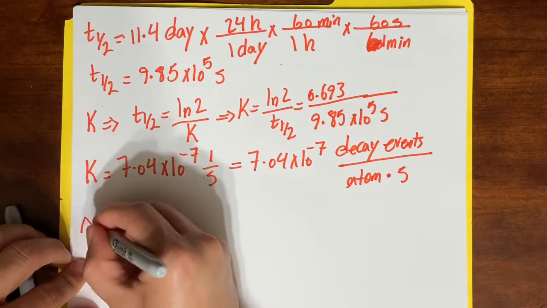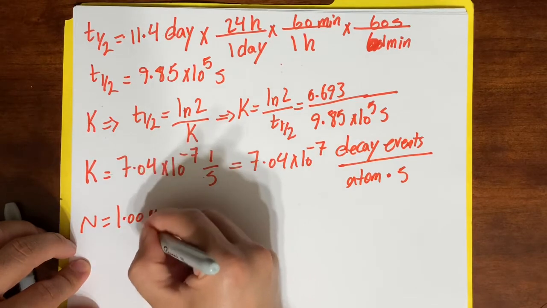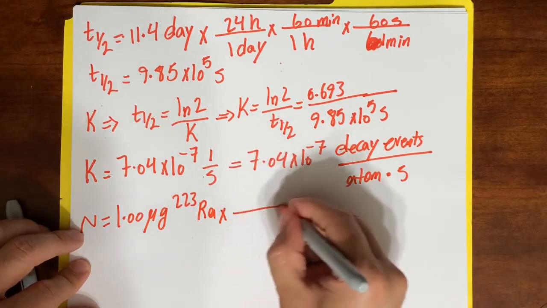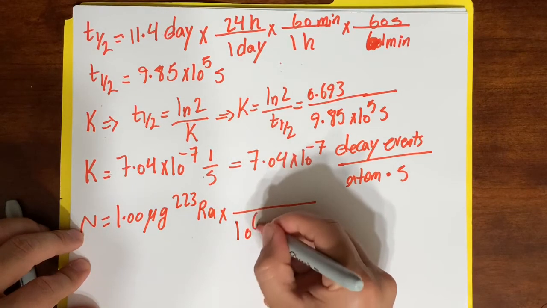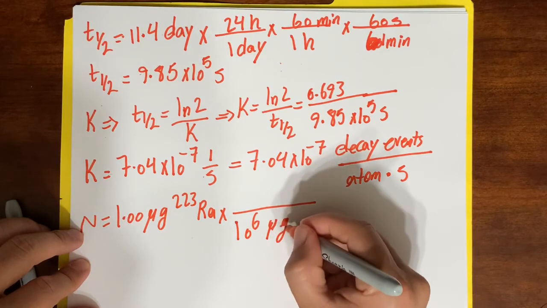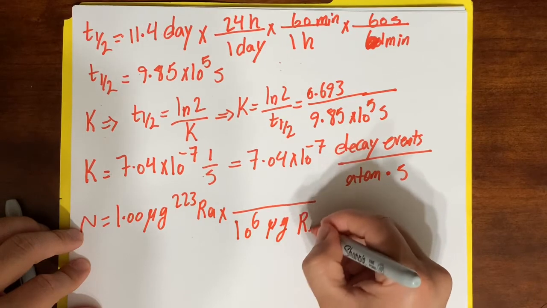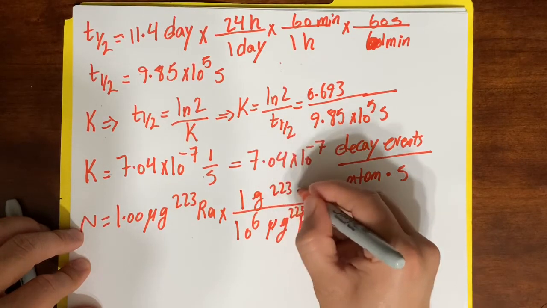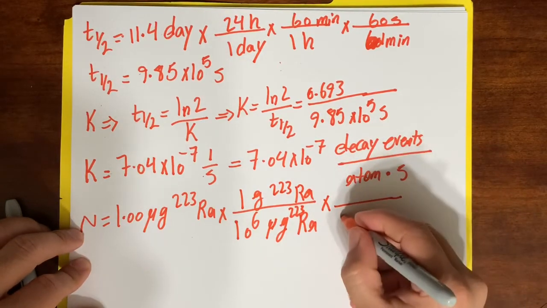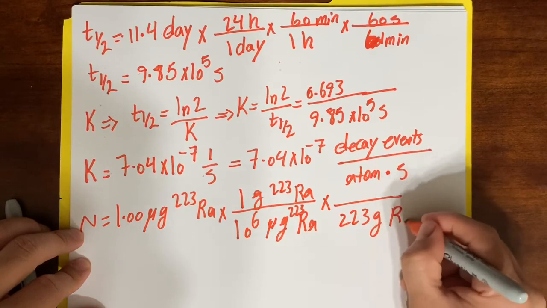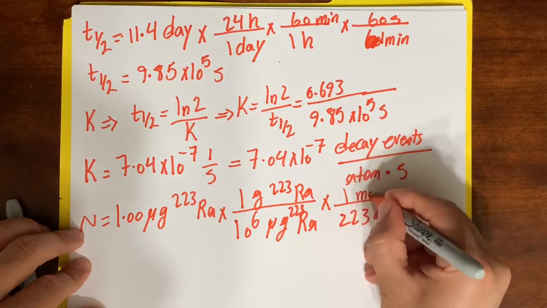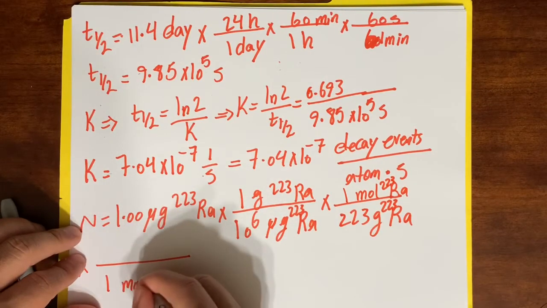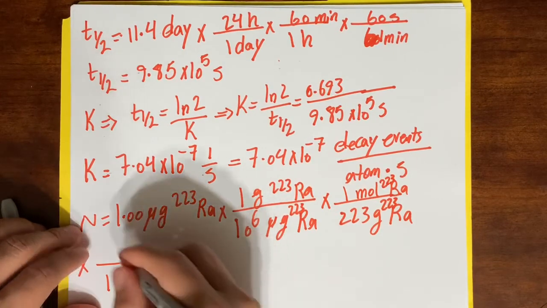Now, how many atoms do we have? We have 1 microgram of radium-223. 1 million micrograms of any compound like radium-223 is equal to 1 gram of radium-223, and 223 grams of radium is equal to 1 mole, and 1 mole is equal to the Avogadro number.